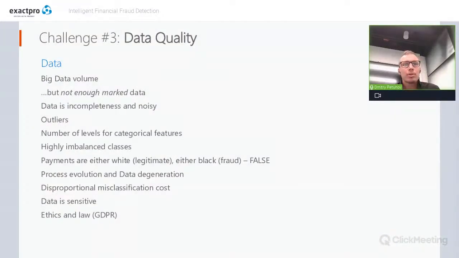A few words about labels in data. In real life, there are no black or white colors only, hackers and robbing goods only. In real life, we see a huge amount of suspicious payments or financial operations. For example, a small boy paid for goods in a game using his father's card.